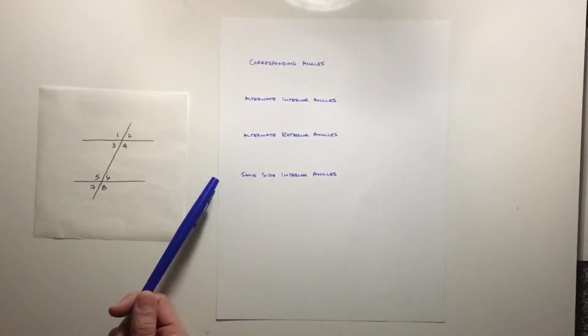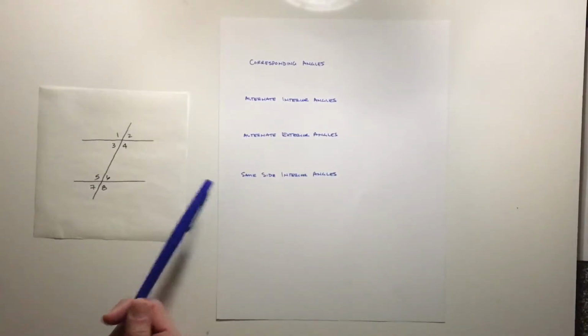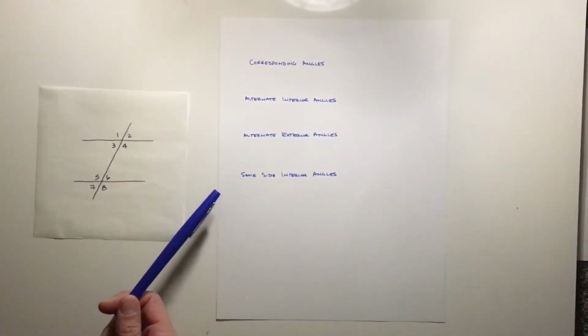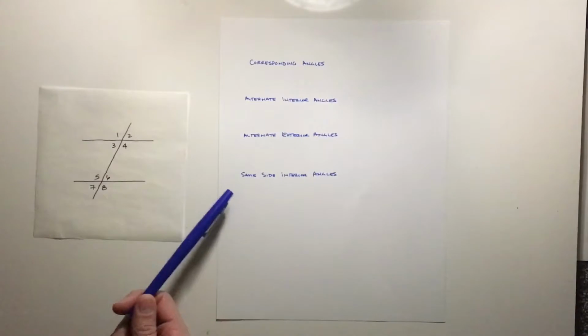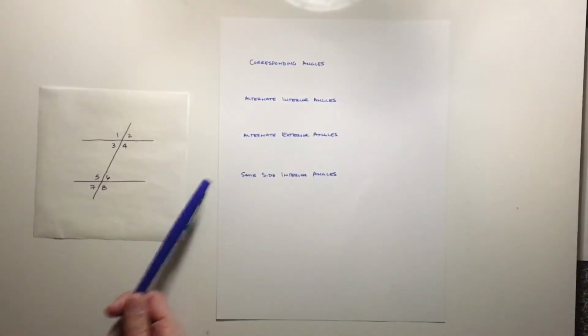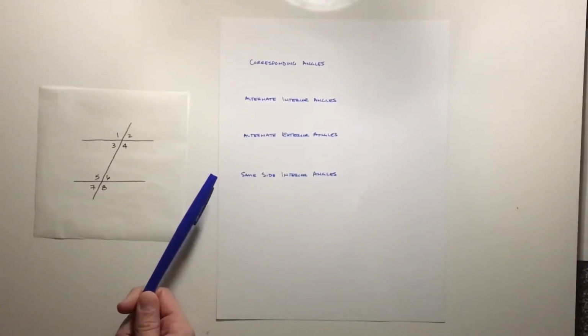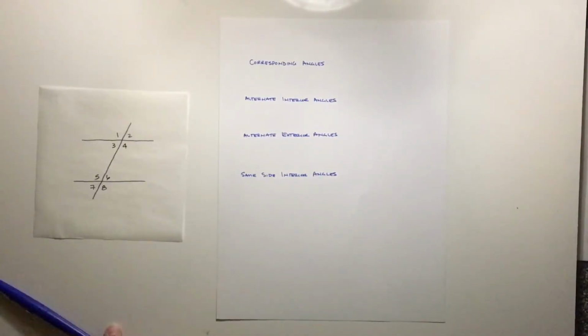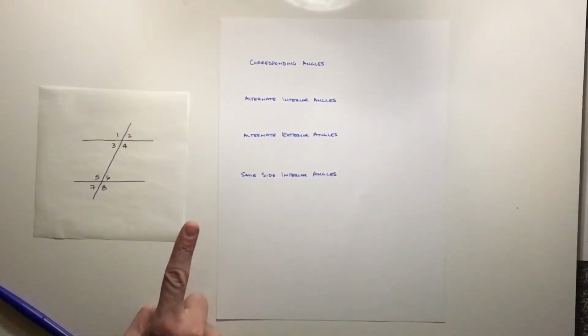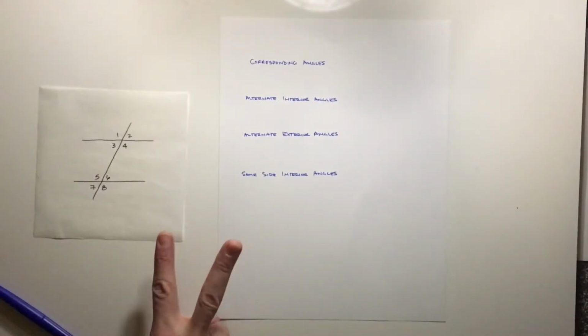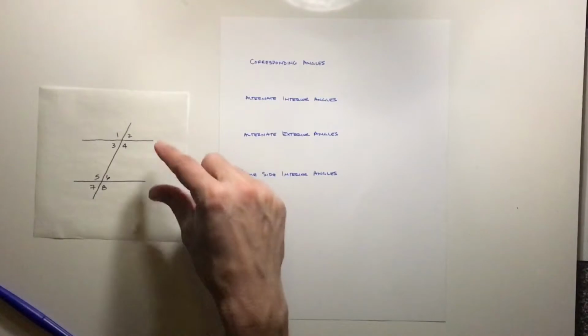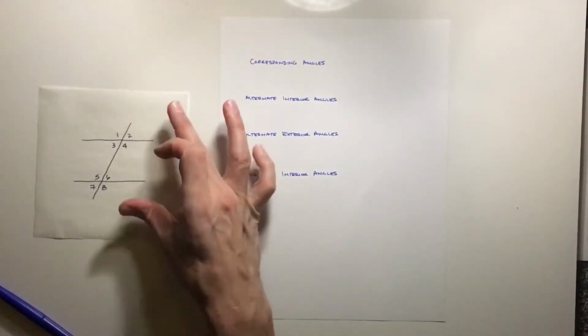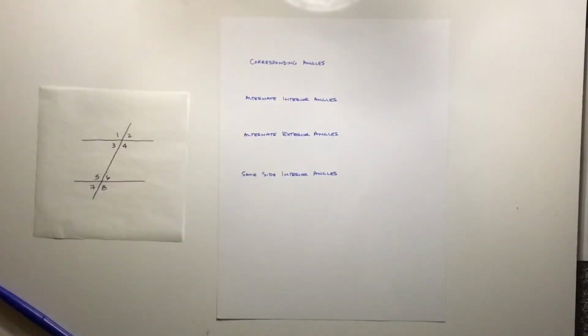Now, what we must realize first of all is that we are very boring in the world of mathematics, and nomenclature is very straightforward. When we talk about angle pairs, we are referring to the location of two different angles with respect to, one, their location with respect to the transversal, and two, their location with respect to whether they are inside or outside of the two lines that have been cut.